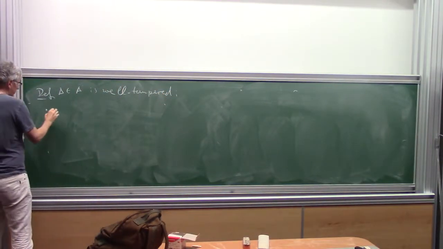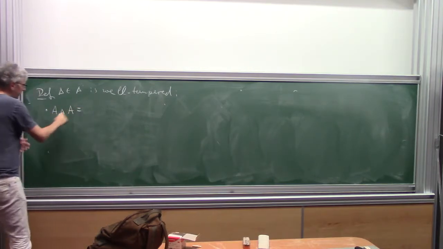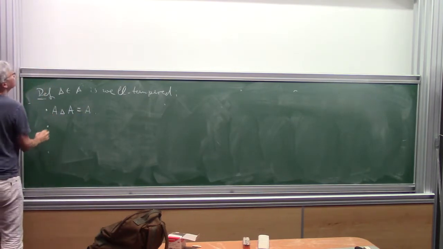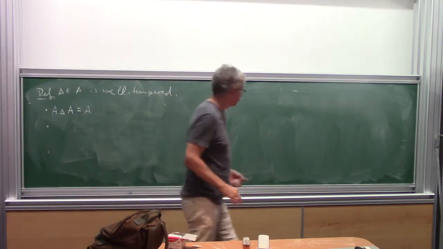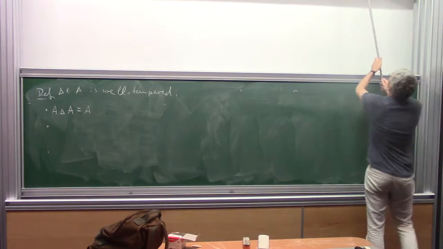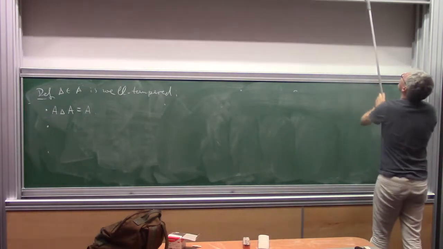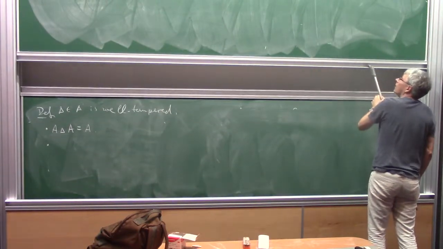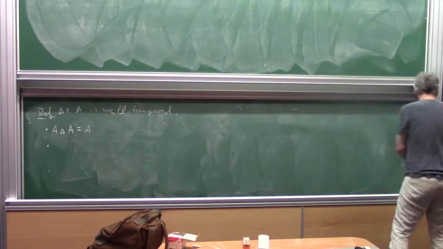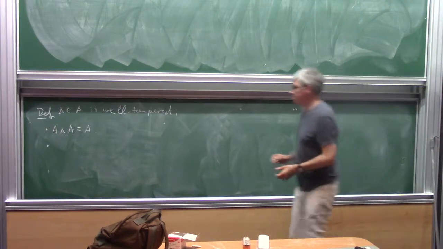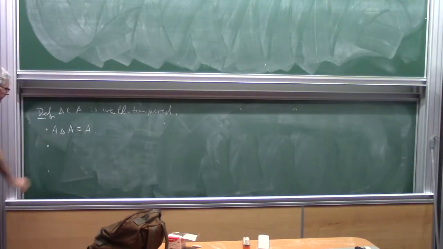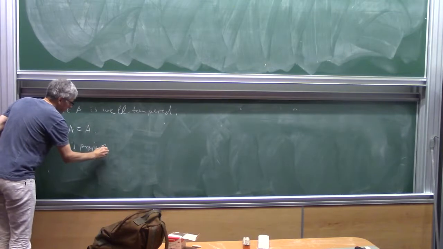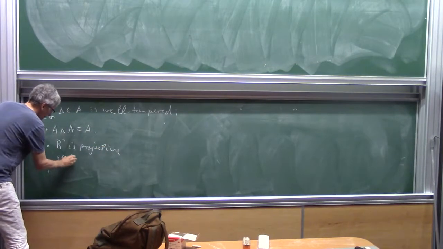One is relatively simple, that A delta A, the two-sided ideal generated by delta, is just A. The second condition is that B plus is projective as both left and right module.